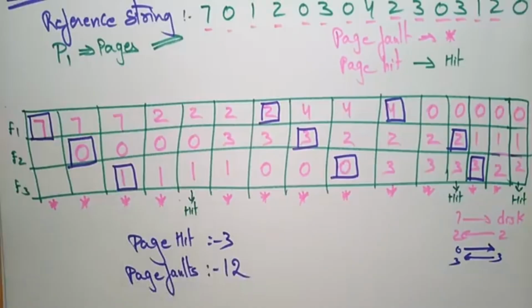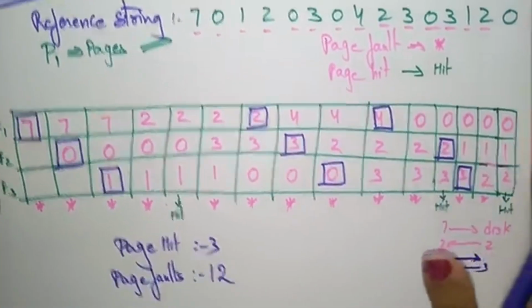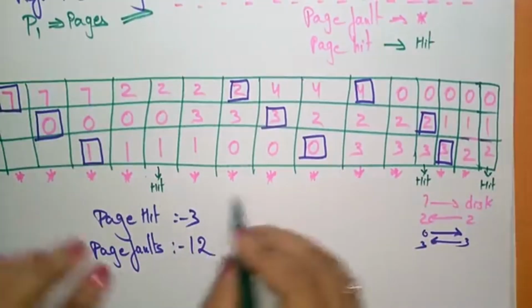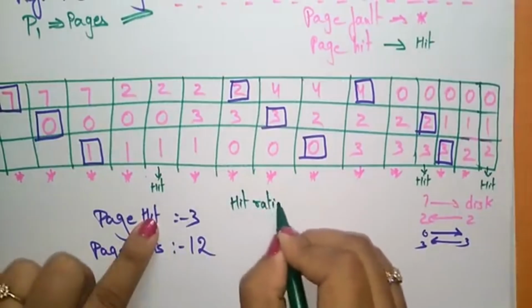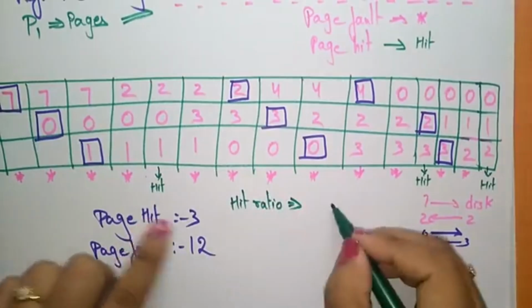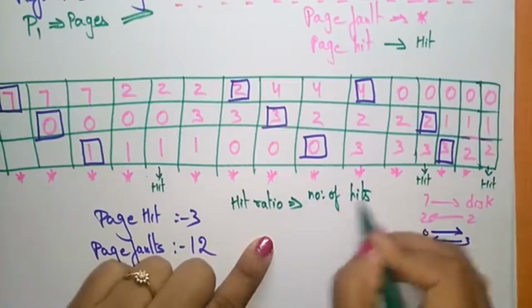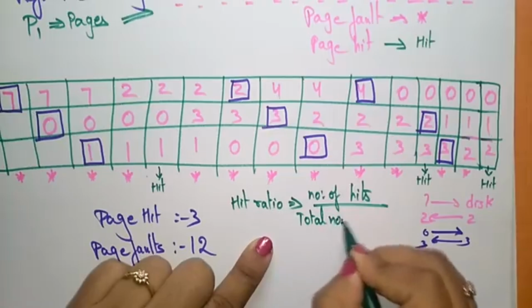Okay, so by seeing these page hits and page faults, we can decide whether this FIFO algorithm suits our program or not. Suppose you want to calculate the hit ratio. It is calculated by number of hits by total number of references, into 100.